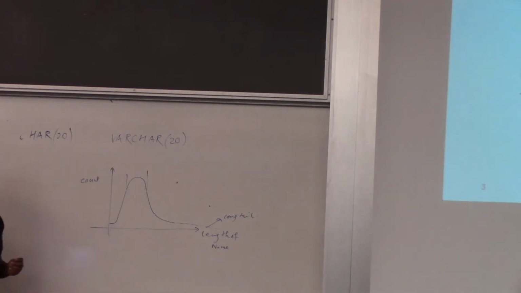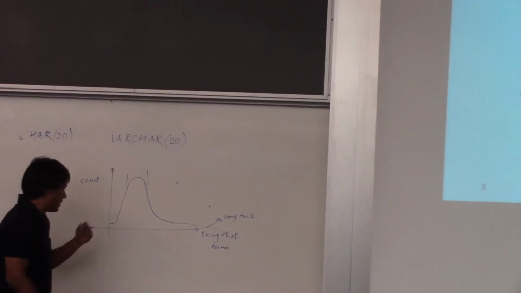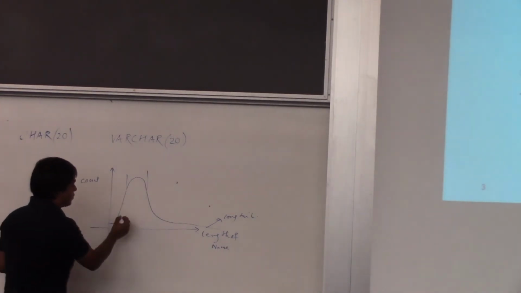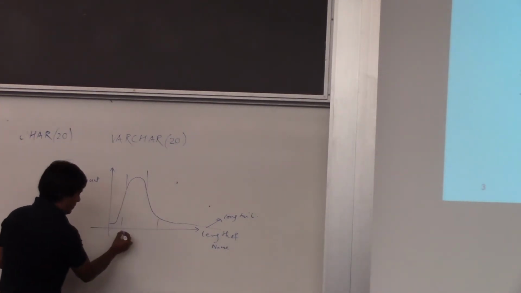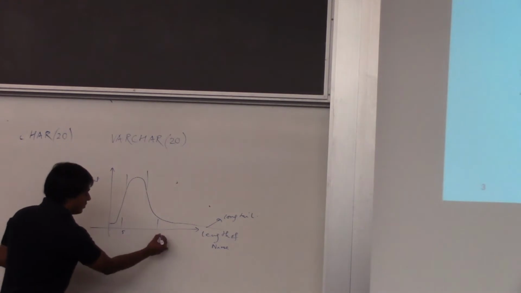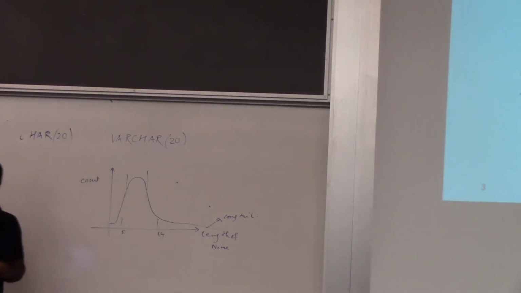Very few people have very short names, like 2 or 3 characters. But most fall within say 5 to 14, right? So if we have char 20, most people will have their name within that 20 characters.